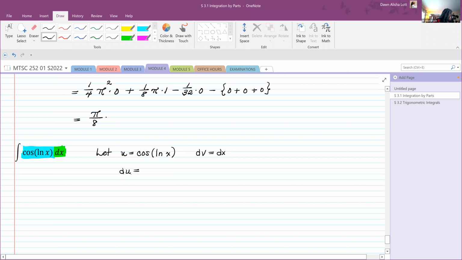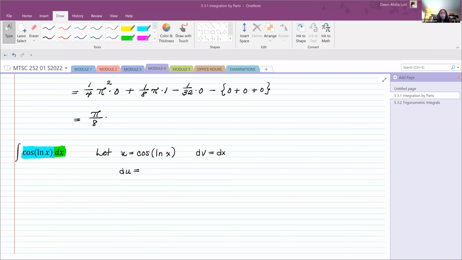What is du? Is it 1 over x times sine of the natural logarithm?